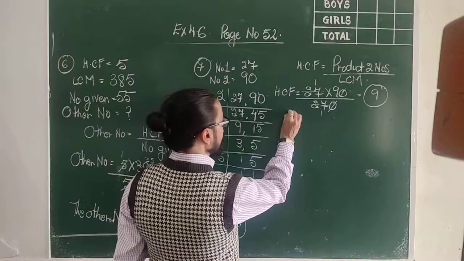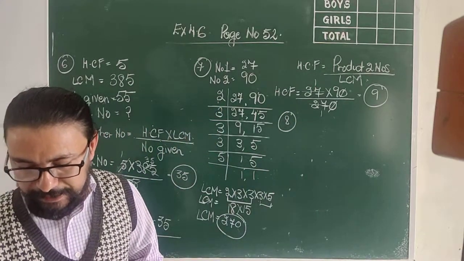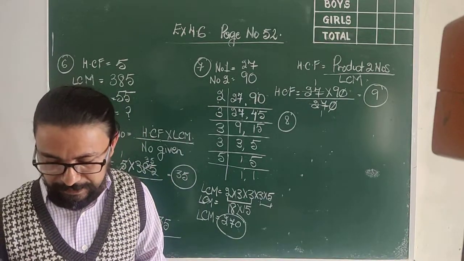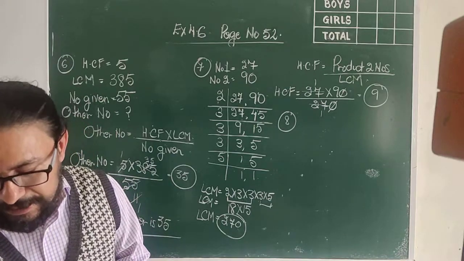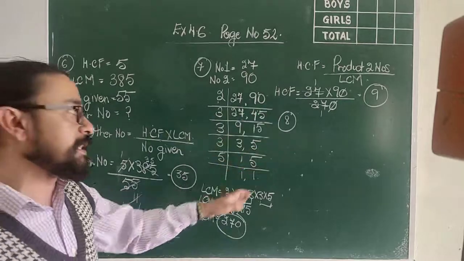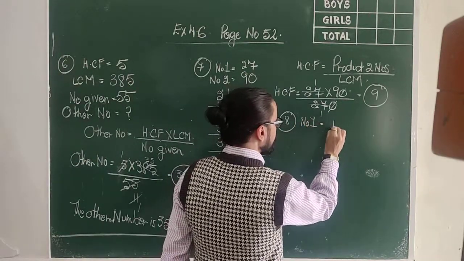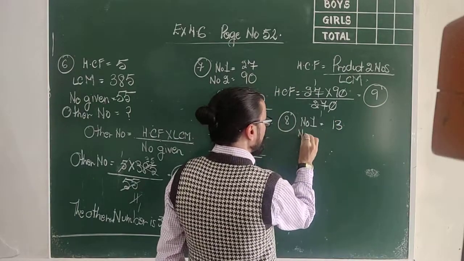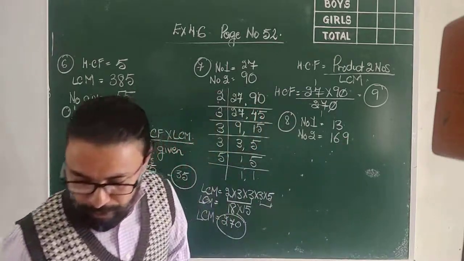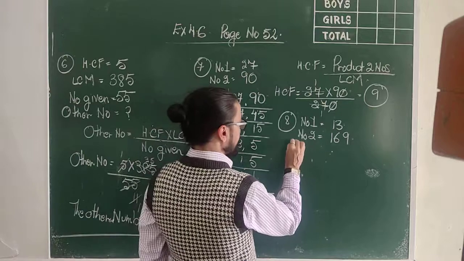Let's go to the last sum of this chapter, and they say in the last sum, number 8, the HCF of 13 and 169 is 13. Find the LCM. So the numbers are, number 1 is 13, number 2 is 169, and they have told us that the HCF is also 13.